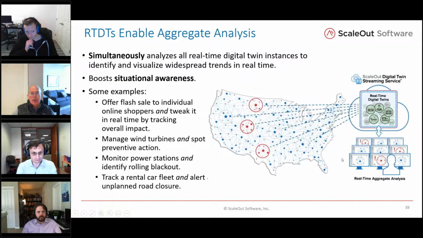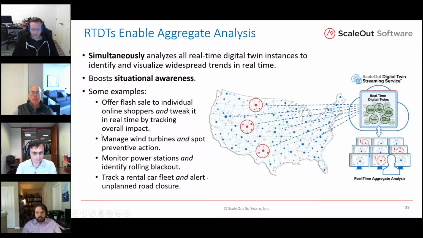So we talked a little bit about aggregate analysis. What we're doing with aggregate analysis is simultaneously analyzing all of the instances that are held in the grid, selecting properties and combining them, aggregating them so that we can visualize trends that are happening across an entire population of data sources.